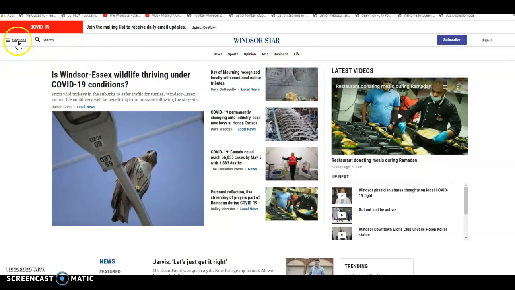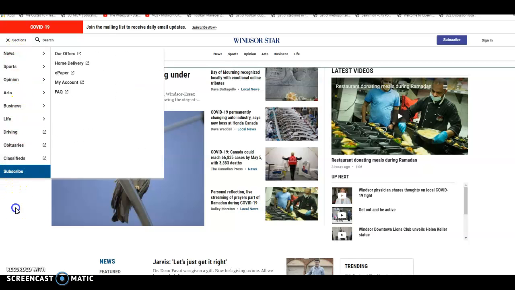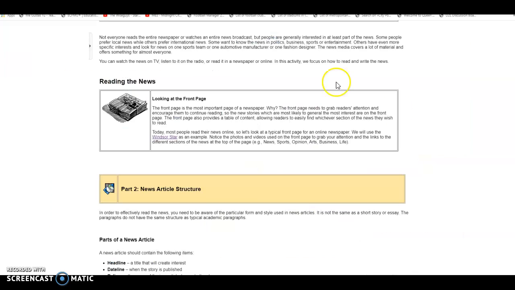And if you click on sections here, you'll see that they go down into even more detail. So whatever you are interested in, the news probably has something that you look at most days, even if it's just the weather. So I think the news is something that we can all relate to, and we all take part in.